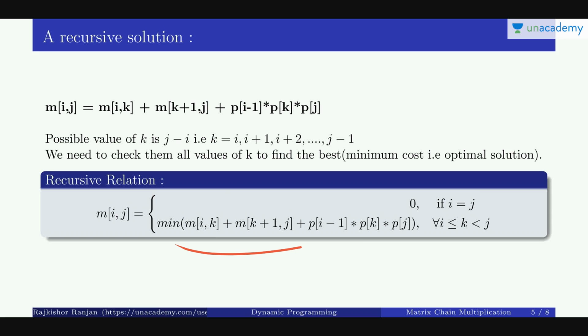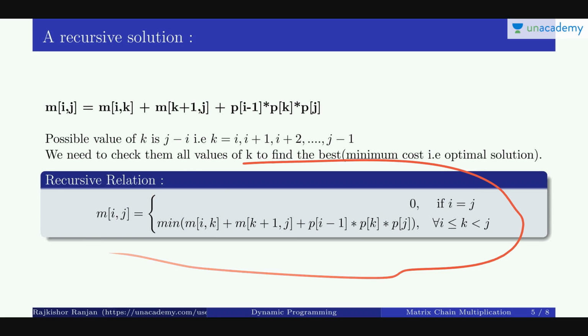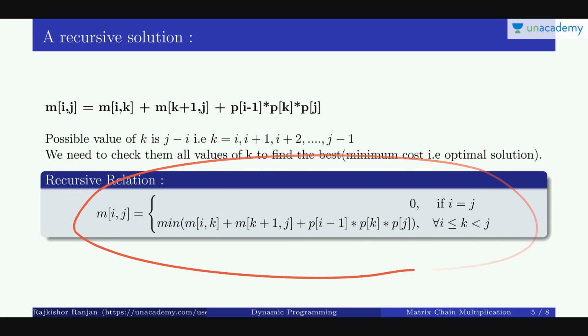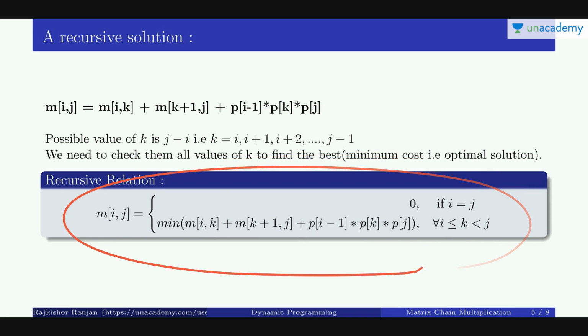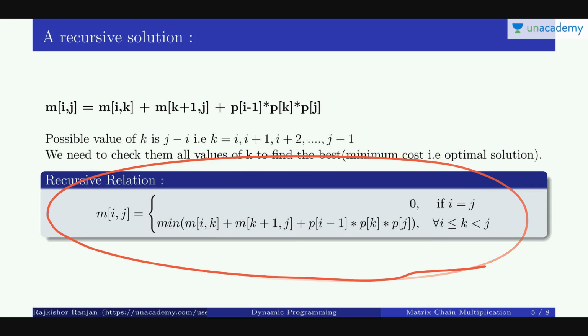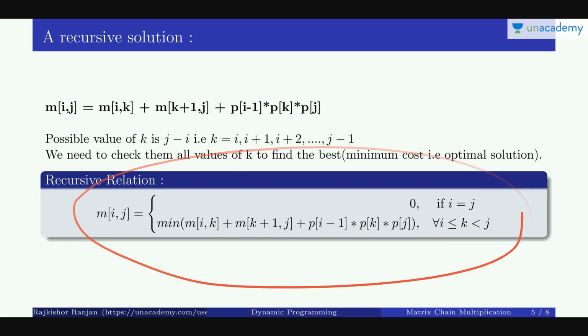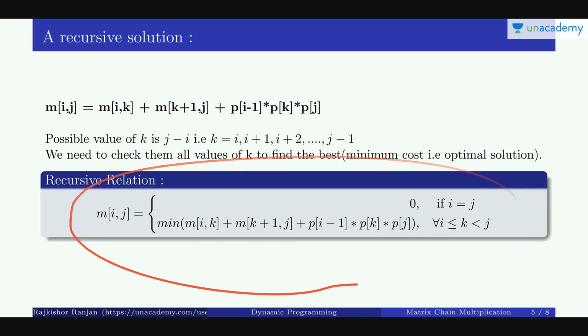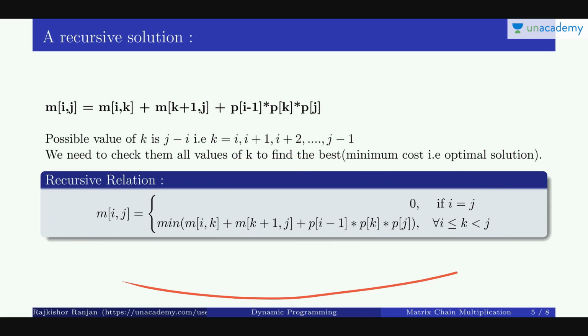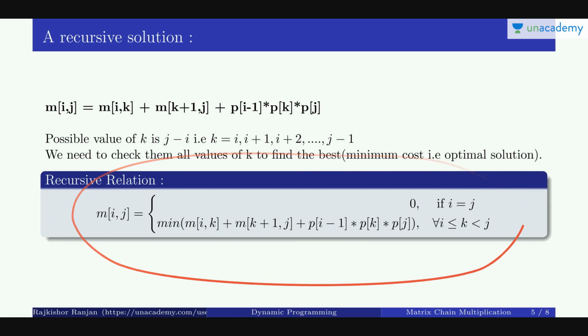Also, if we try to draw the recursion tree diagram, we can see these problems also contain the property of overlapping subproblems, which shows that these problems need the concept of dynamic programming to solve them.